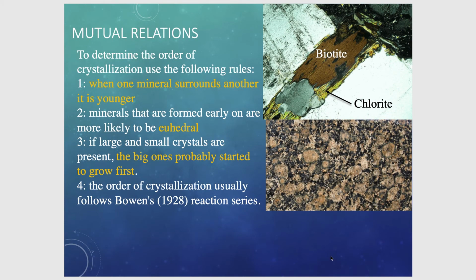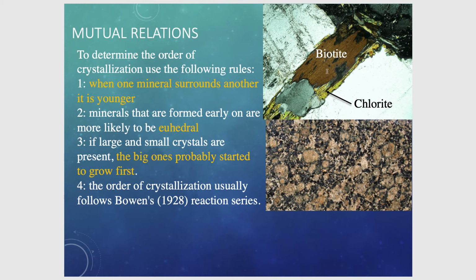So mutual relations are also important when you discuss texture. We have different examples here. In this first example we have a plug of biotite in a rock that is surrounded by another mineral. These are all phyllosilicates, and you can see here that partly this biotite has been recrystallized into chlorite, so that gives you an indication of the relative age of these two minerals.